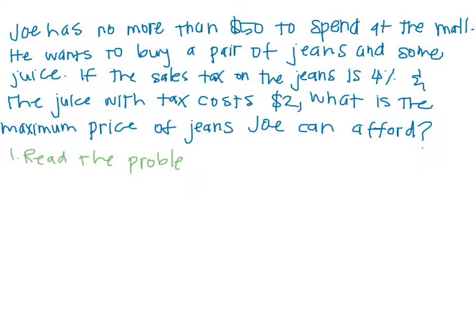Joe has no more than $50 to spend at the mall. He wants to buy a pair of jeans and some juice. If the sales tax on the jeans is 4% and the juice with tax costs $2, what is the maximum price of jeans Joe can afford? Step 2, just like we did before, is to list the knowns. Right now, what do I know?